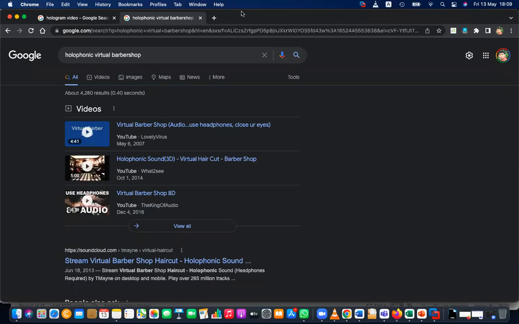Sir, can't we make a holophonic sound? Yeah, you can create this. You have to record it using 2 microphones, a left microphone and a right microphone. You have to use a stereo microphone system to record the sound. Then you can create holophonic sounds, right? But you need 2 microphones.